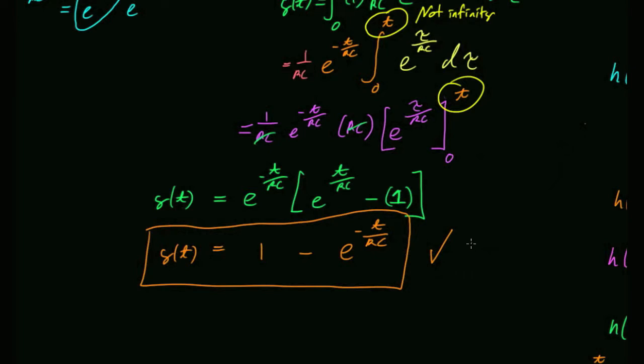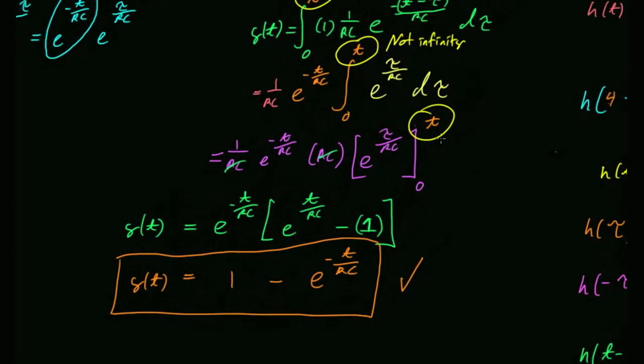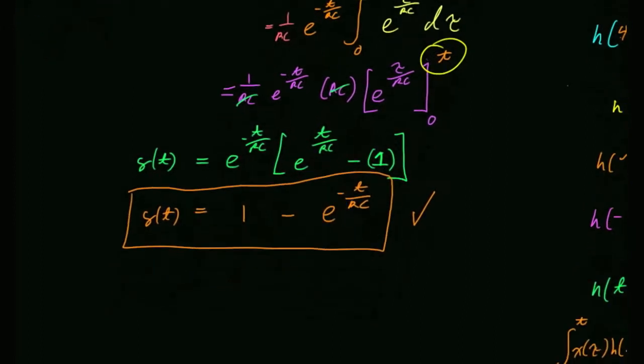Were you okay to hear? Okay. So did you understand where this step came from? Okay. So, I had e to the tau over RC. I just substituted in t for tau and then 0 for tau. So this was e to the 0 over RC. And e to the 0 over RC is just the same as 1.